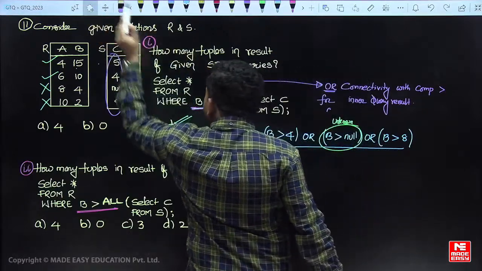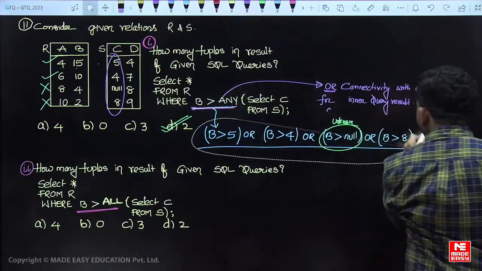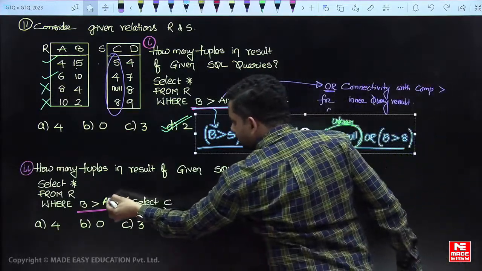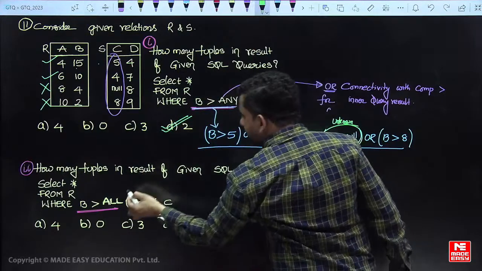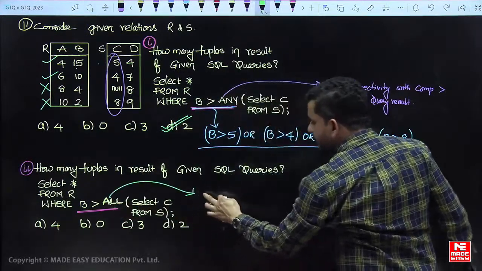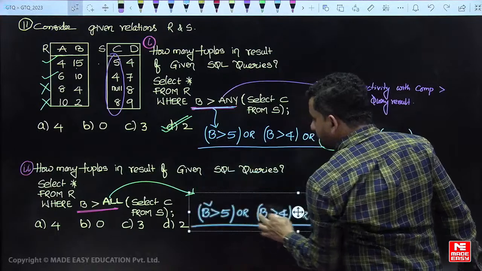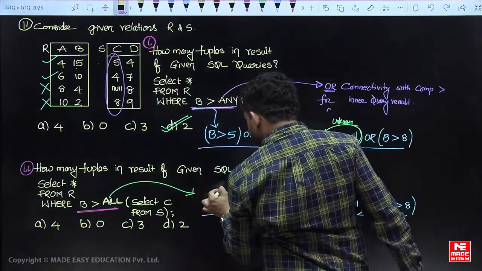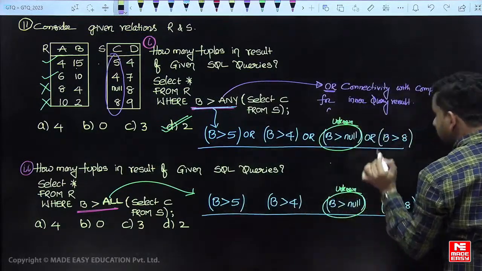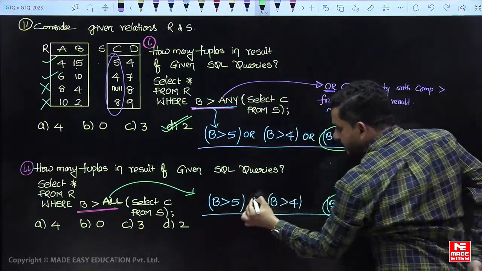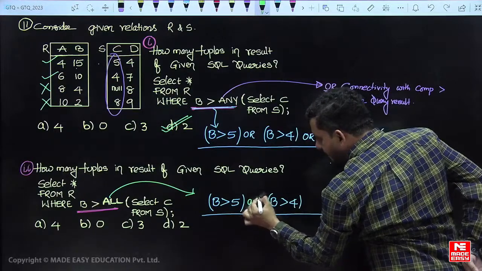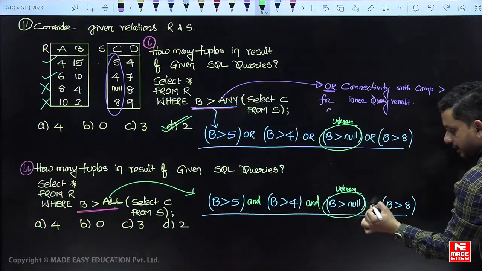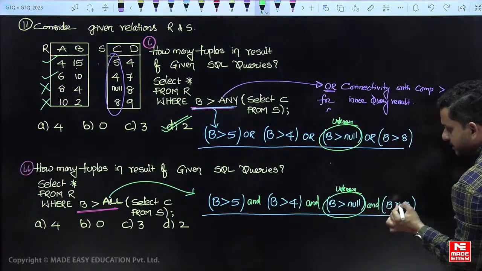So the ALL function is an AND connectivity with all values of the inner query result. That's what we discussed in the previous question. So B greater than 5 and B greater than 4 and B greater than null and B greater than 8.